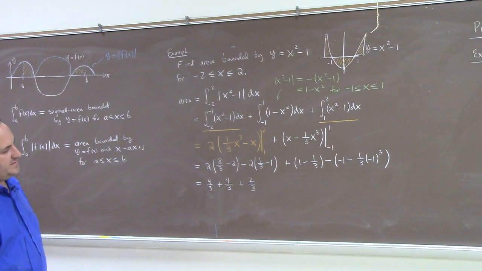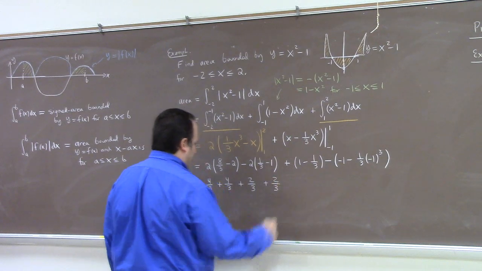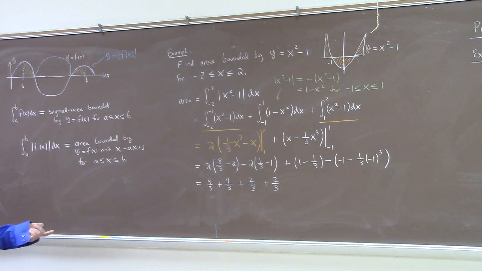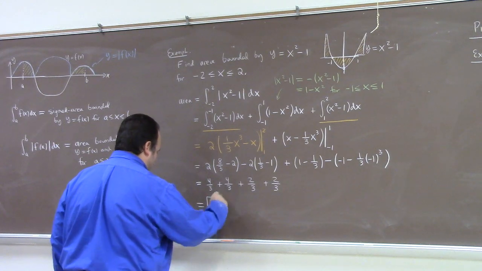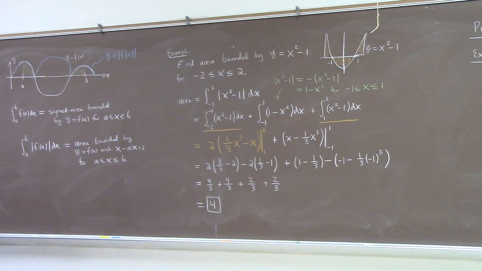That's minus 2/3. Is again plus 2/3. So if I haven't messed up the arithmetic, 4 plus 4 is 8, plus 2 is 10, plus 2 is 12, 12 over 3, 4. Wow, nice answer. 4. Huh, cool.